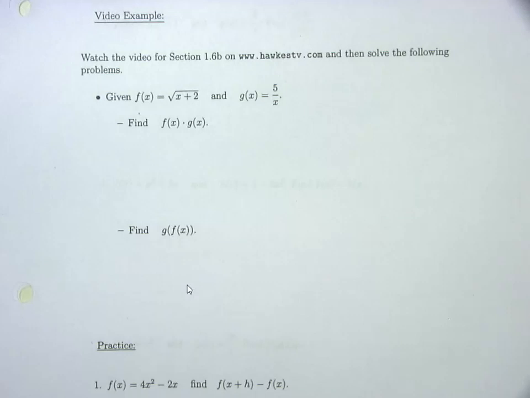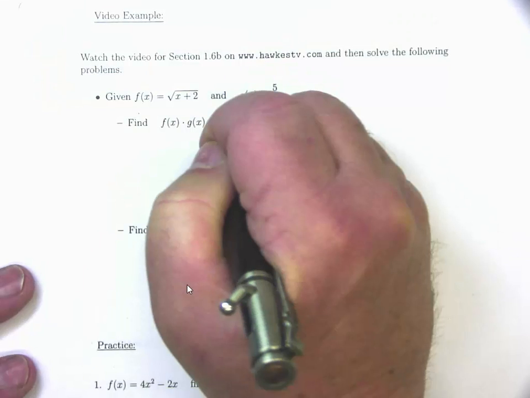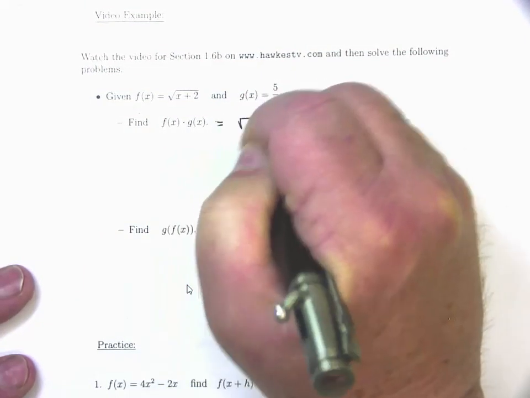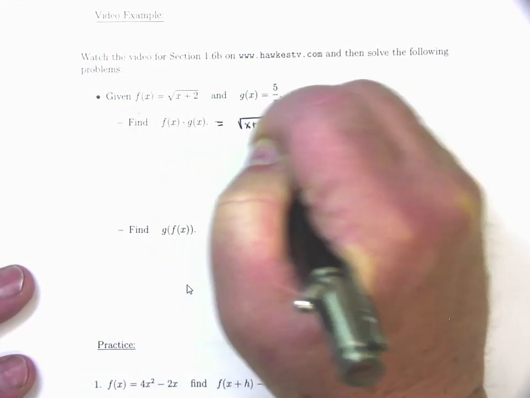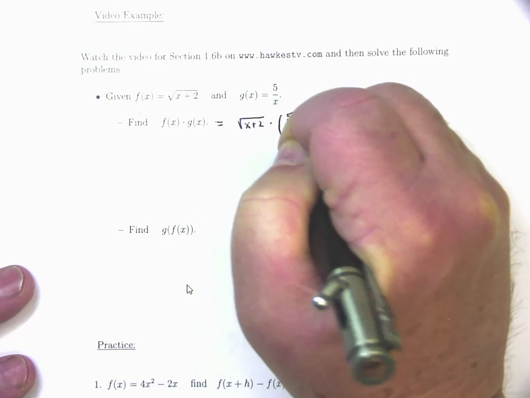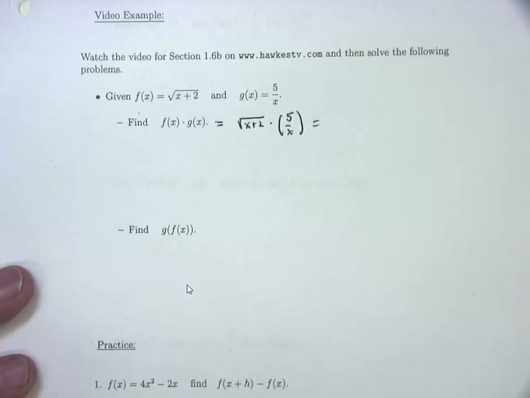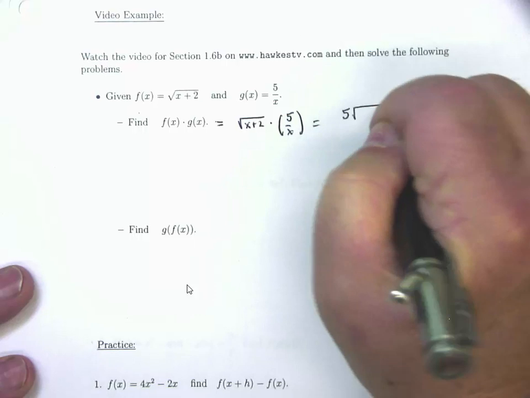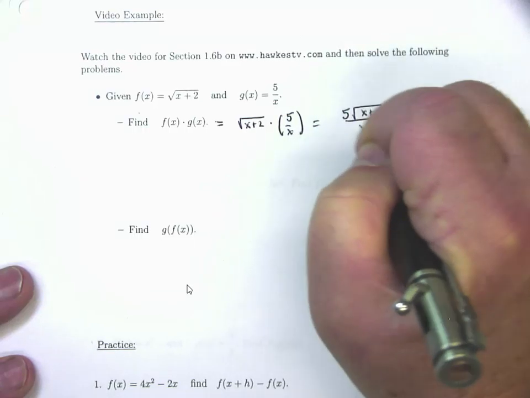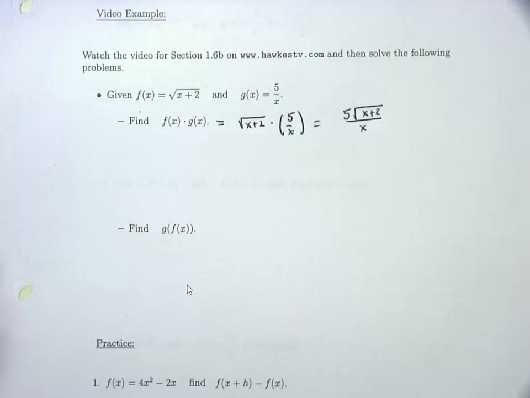Multiply. So what is f of x times g of x? That is very simply equal to the square root of x plus 2 times 5 over x. Now you can clean that up and make it look good. That would be 5 times the square root of x plus 2, divided by x. Look, we've taken two different functions, chunked them together, and made a new function out of it. That's what this section's all about.